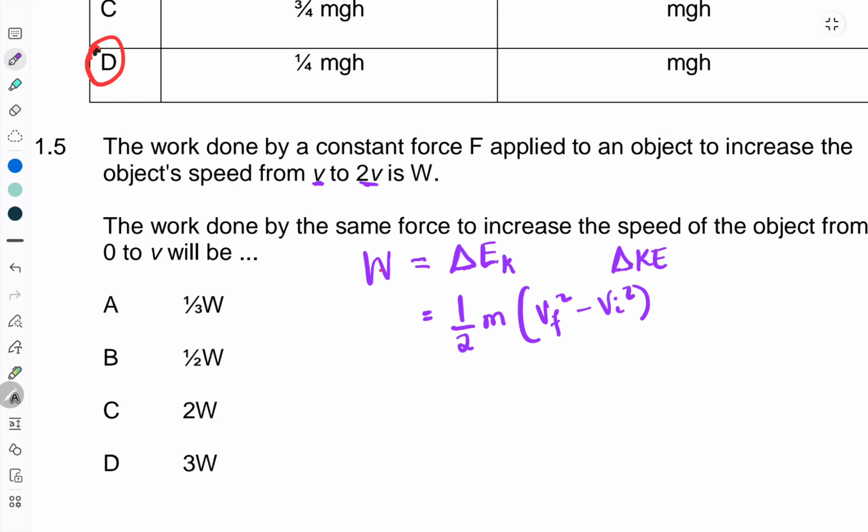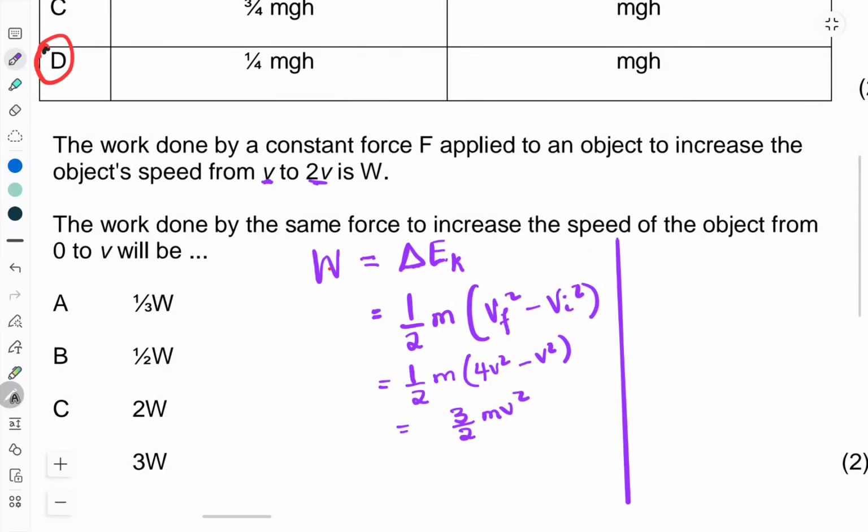I just factorized, but you can separate the formulas. So this would be half m, vf is 2v, so 4v squared minus v squared. This gives us 3/2 mv squared. That's our original work done when the object's speed changes from v to 2v.